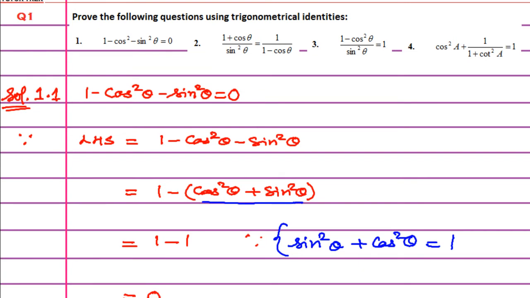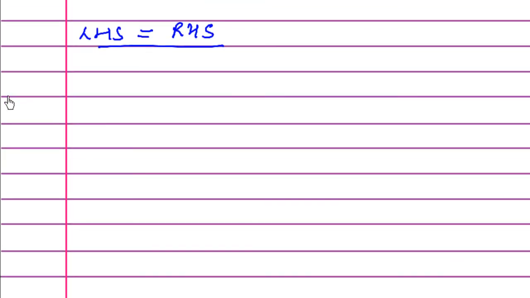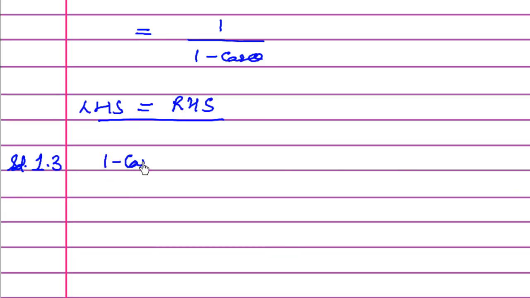The next problem is 1 minus cos square theta over sin square theta is equal to 1. Solution 1.3. 1 minus cos square theta over sin square theta is equal to 1.